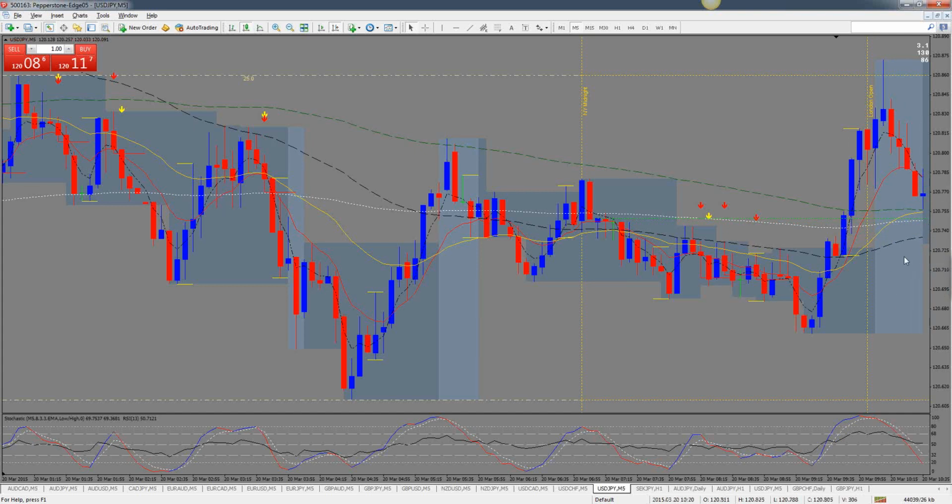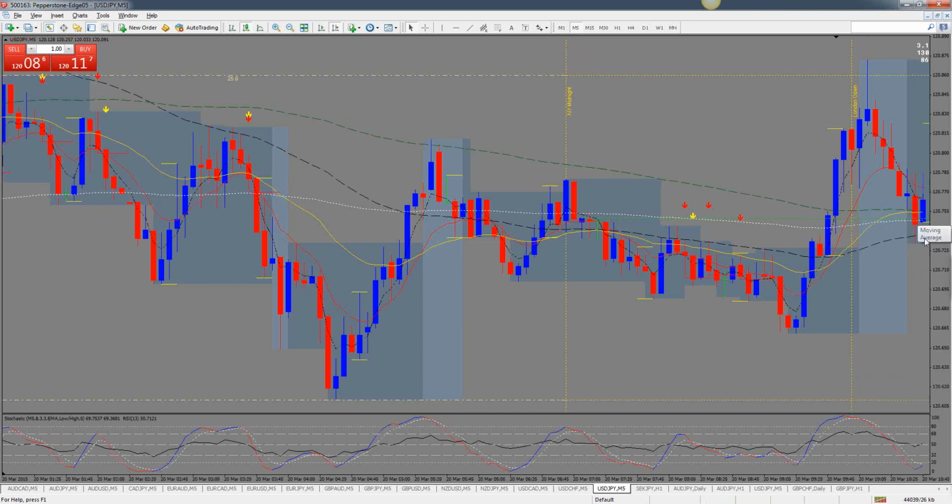So we're potentially looking for shorts here, but we see that the 90 and the 180 are leveling out and coming closer together. There is a potential for a cross at some point down the road, so you've got to keep that in the back of your mind.